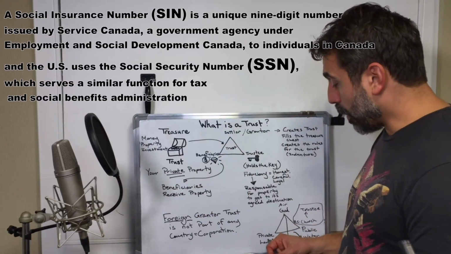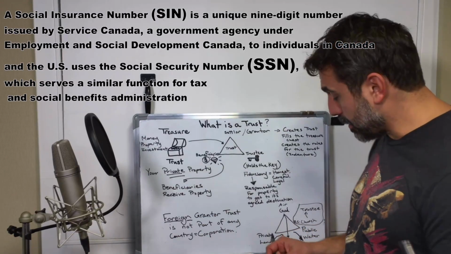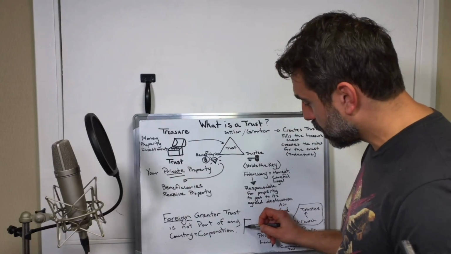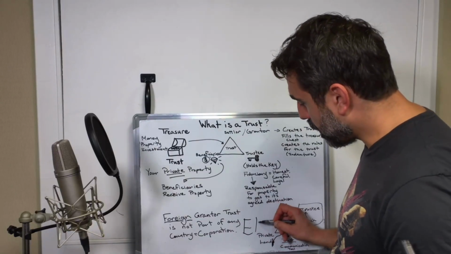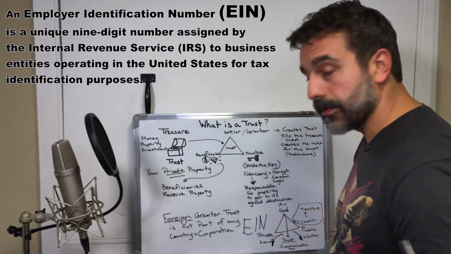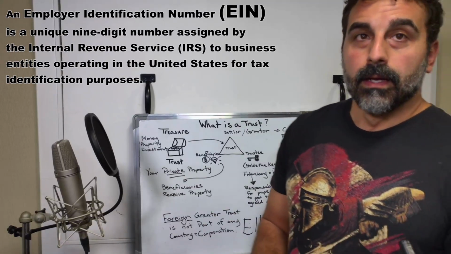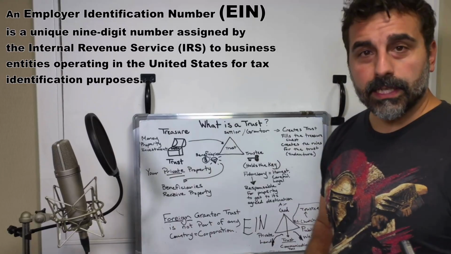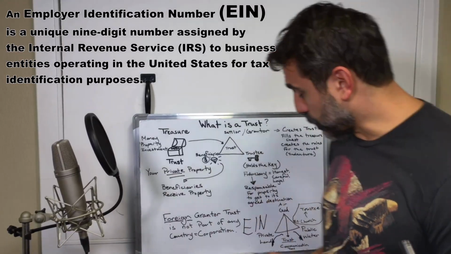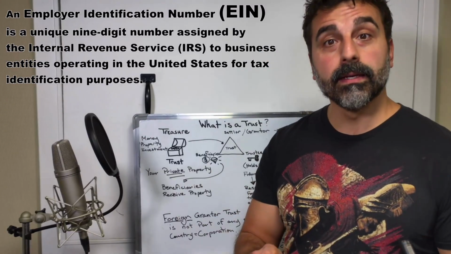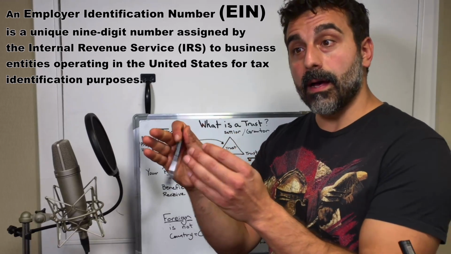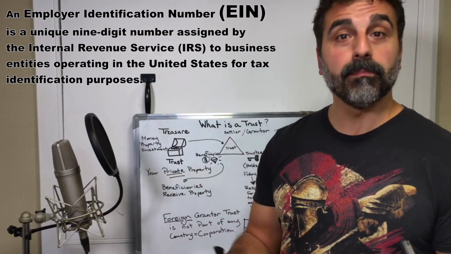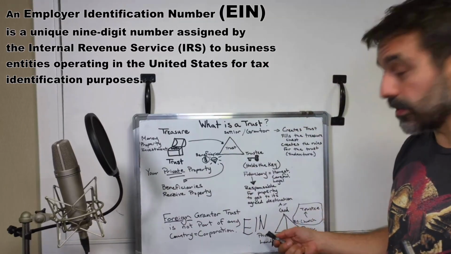So how can the private trust now do commerce? It needs something called an EIN. I forgot what EIN means right now, but it's fine. It's basically your SIN, but for the trust. That way, that private trust can communicate and have a business number, which is basically what you're giving that trust.